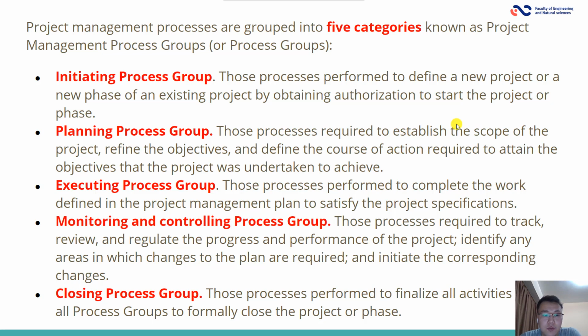These processes are required to track, review, and regulate the progress and performance of the project, identify any areas in which changes to the plan are required, and initiate the corresponding changes. Last is the closing process group. Those are the processes performed to finalize all activities across all process groups to formally close the project or phase.